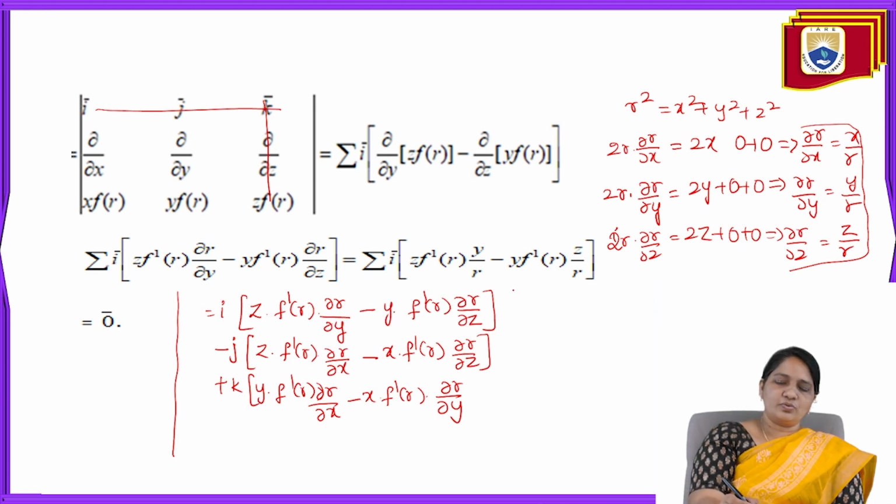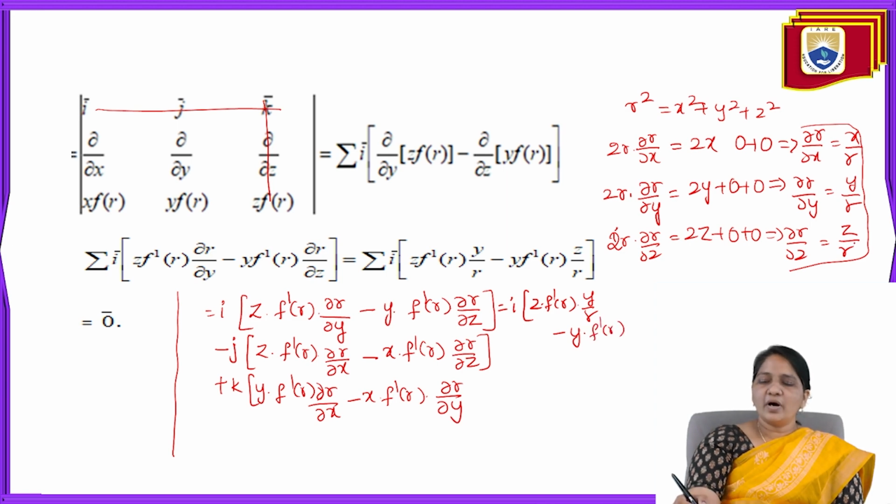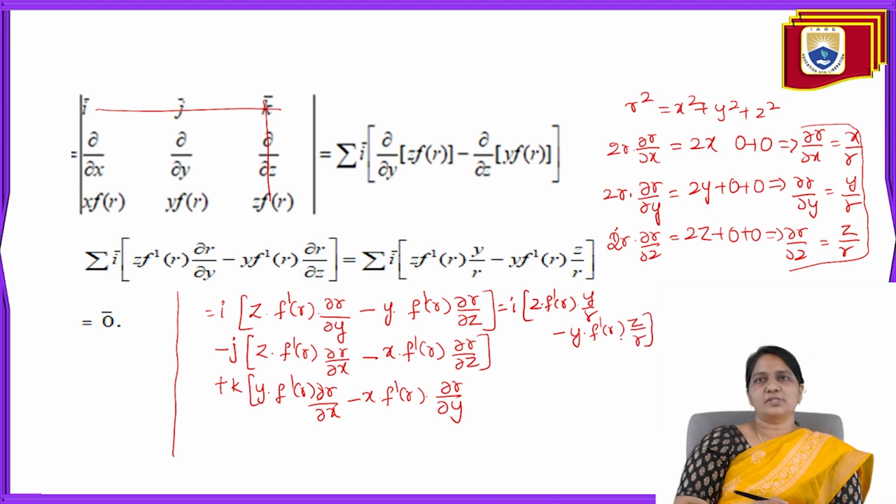So now I am substituting in the first term. Here i into z f'(r), ∂r/∂y value is y by r. Minus y into f'(r), ∂r/∂z value is z by r. This is the first term.